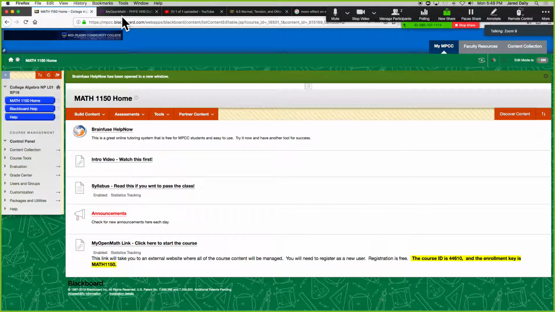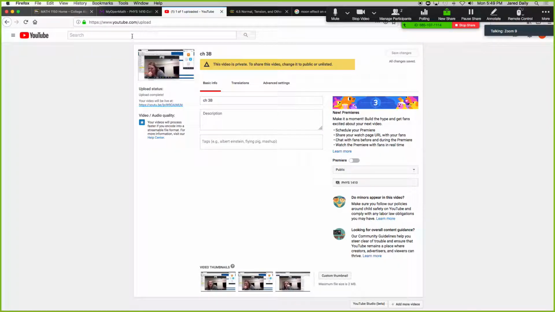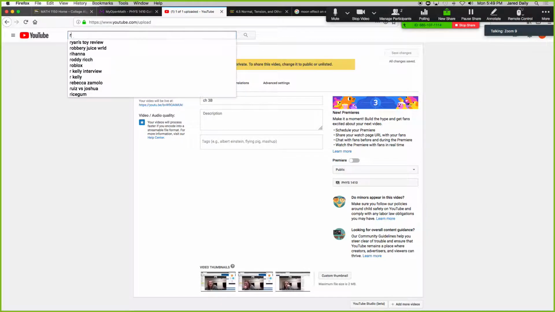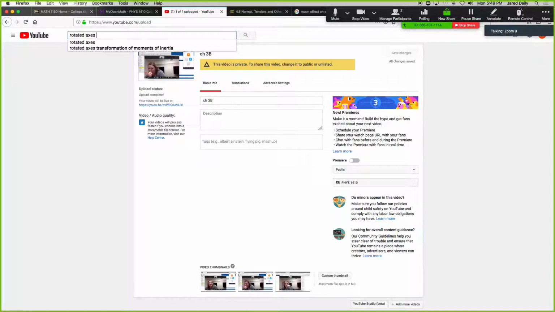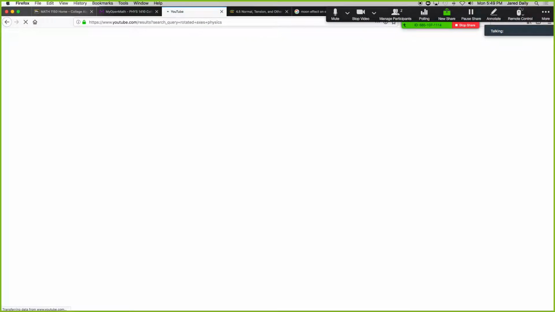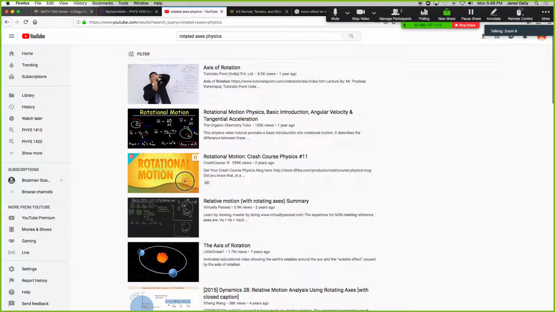But also you can just go to the videos in the class, or you can just go to YouTube. So for example, if you're doing a rotated, let's see, we're doing a rotated axes physics or something like this. Just search for that. There are plenty of people out there that have put up lots of videos.